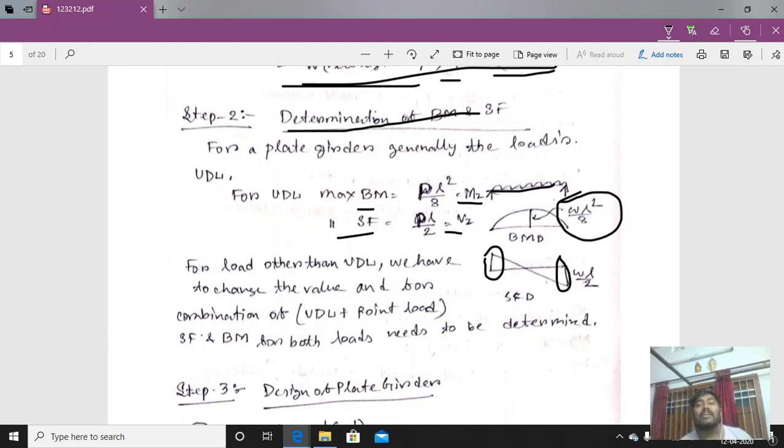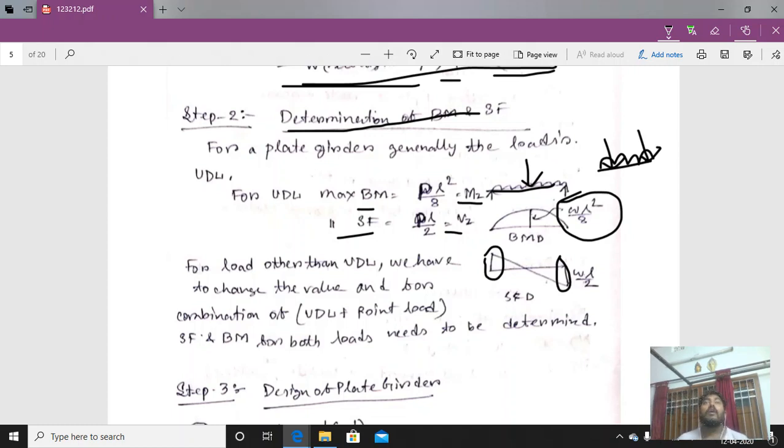Now sometimes there may be point loads also. There may be a combination of 2-point loads or 3-point loads with bending moment. For that we have to determine the shear force and the bending moment diagram first. So the basic knowledge of shear force and bending moment is also required for us, because at first we need to determine the maximum shear force and bending moment.